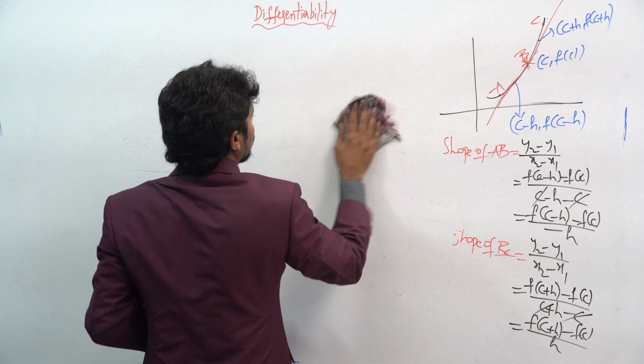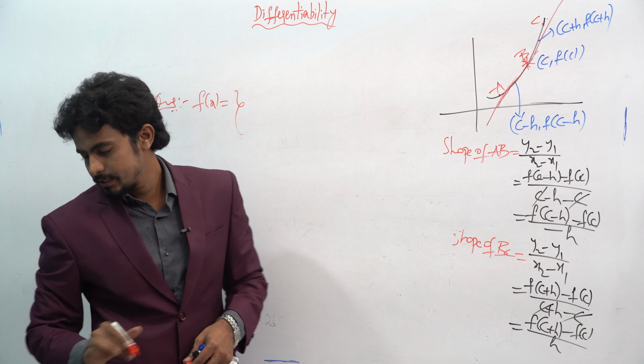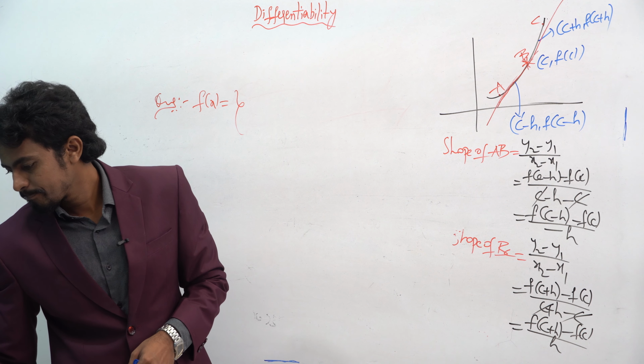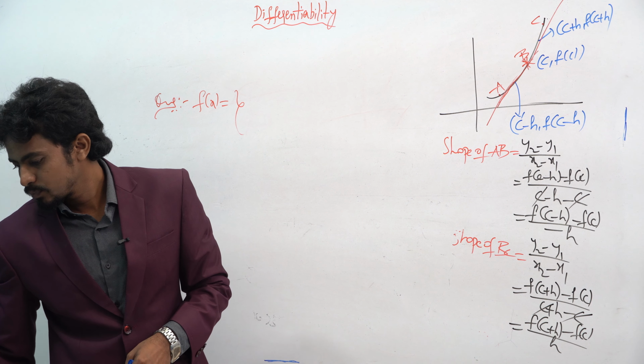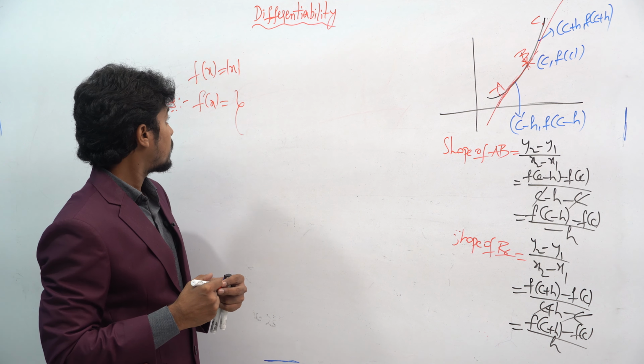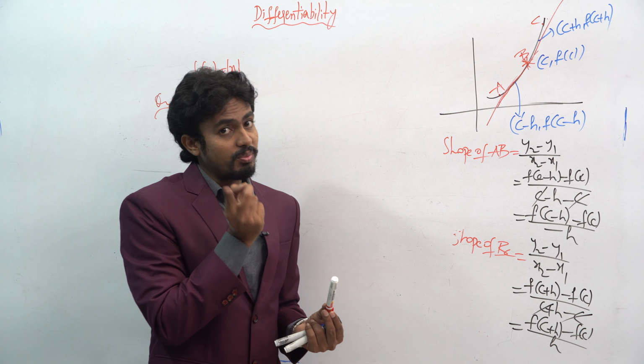f of x will be equal to modulus of x. If you want to write this modulus, how can you write it? One part will be positive and the next will be negative.